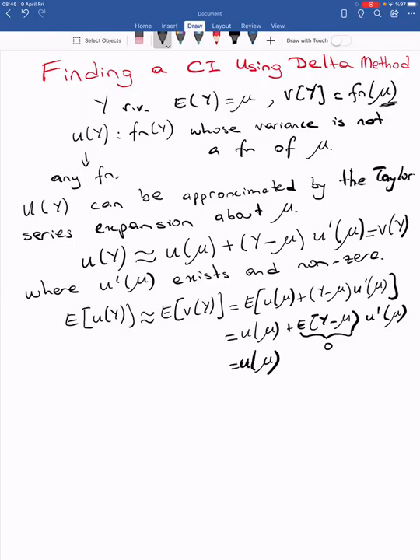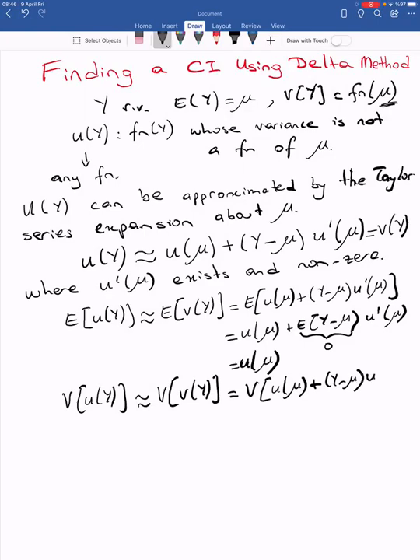Then let's try to find the variance of v(y). Approximating u(y) by this, the variance of u(mu) plus (y minus mu) u prime(mu). The first part is the constant u(mu), so it is 0.